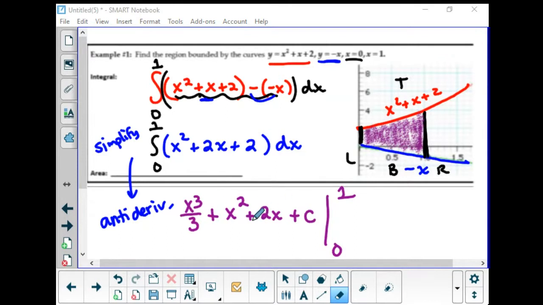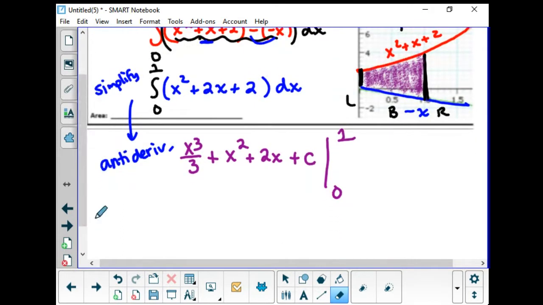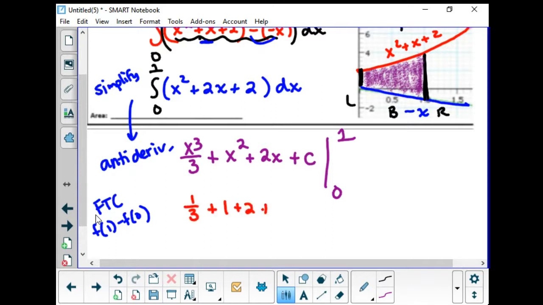My answer is going to be the value of the antiderivative when I apply the fundamental theorem. So this is my FTC. I'm going to plug in 1 and plug in 0 to my antiderivative. So 1/3 plus 1 plus 2 plus c, minus 0 plus 0 plus 0 plus c.